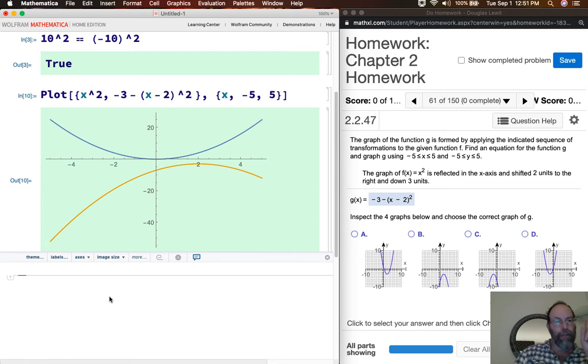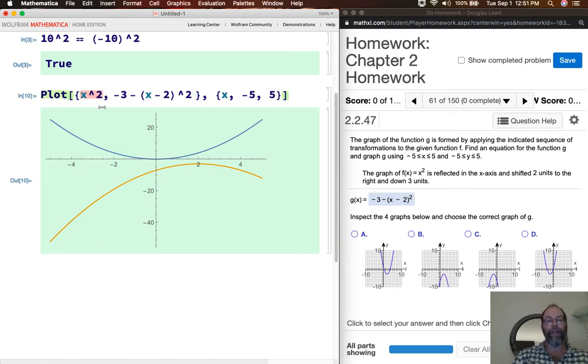Okay, so just to reiterate, let me make this very clear because I hope you guys are listening and really understand. The original function, this is f of x, that I'm highlighting with my cursor. f of x is equal to x squared. g of x is the transformed function.